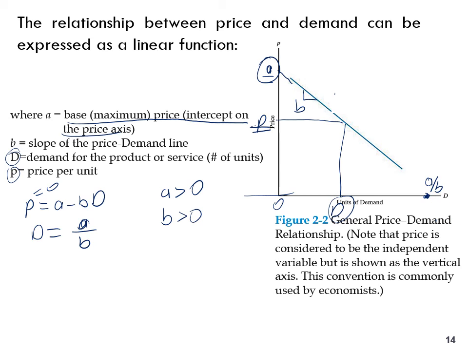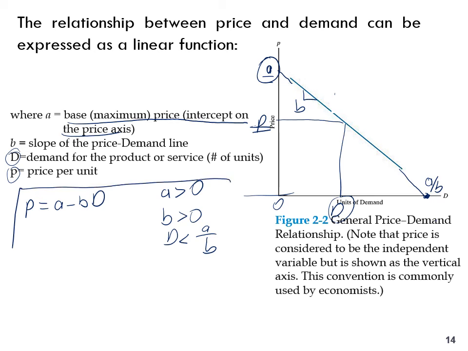It means that D should be less than A over B. Okay, it cannot be greater than A over B. So these are the conditions. This is the curve, and these are the conditions for this curve.